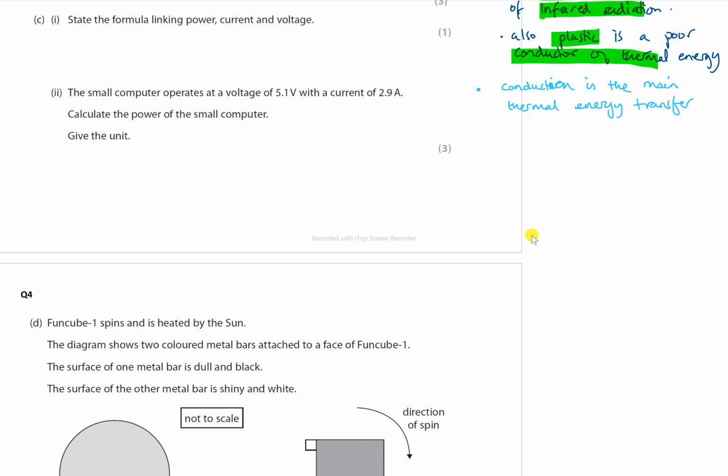So the method of transfer is that metals are good conductors of heat energy or thermal energy.